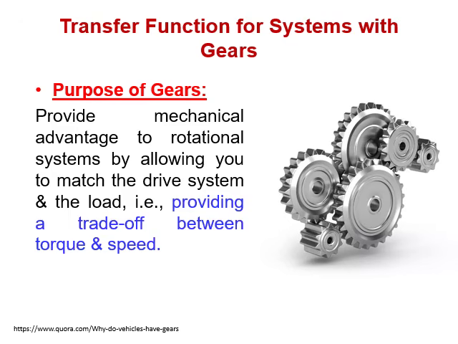If I want to decrease the rotation and increase the torque, I need to use a gear. Or if I want to increase the speed and reduce the torque, I can also use the gear. If the gear is available in the rotational mechanical system, how am I going to deal with it? That's what will be seen in the next slide.